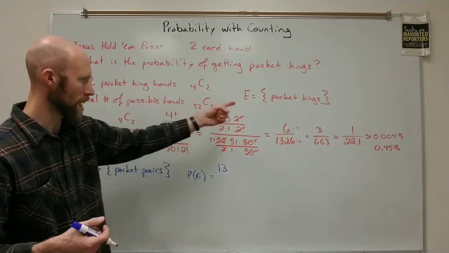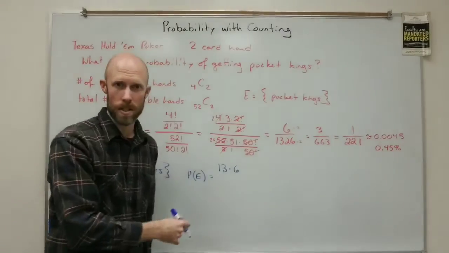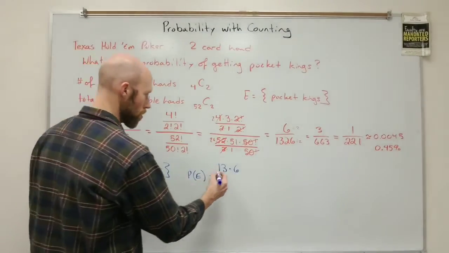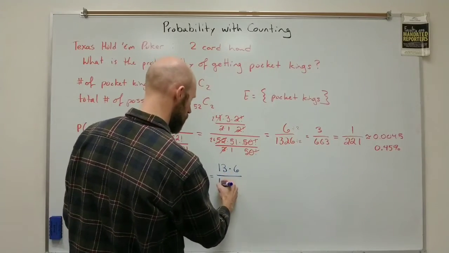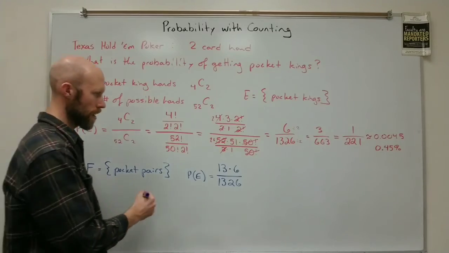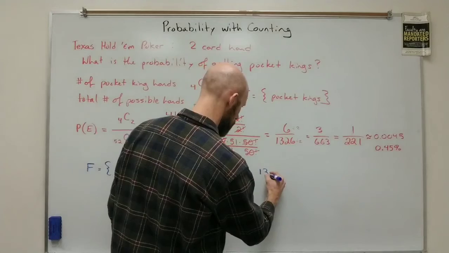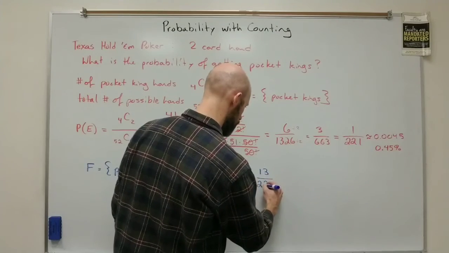So 13 times the 6, over the same 1326, okay? And then that probability works out to be 13 over 221.